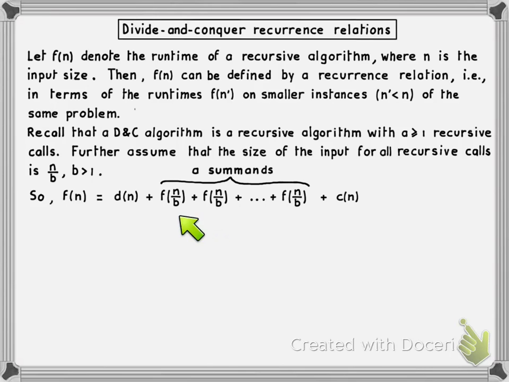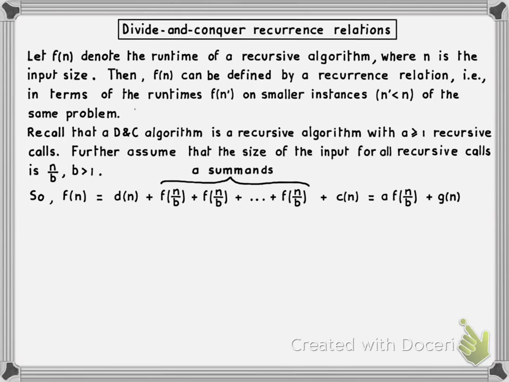So in conclusion, now we can simplify this expression. First of all, we can just count how many terms we have here. We have a terms. These terms are equal, so these are equal to a times f of n over b. And finally, we're going to combine these two terms, d of n plus c of n, and we're just going to call that g of n.